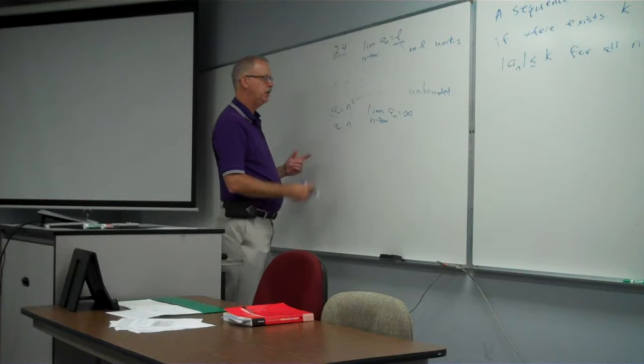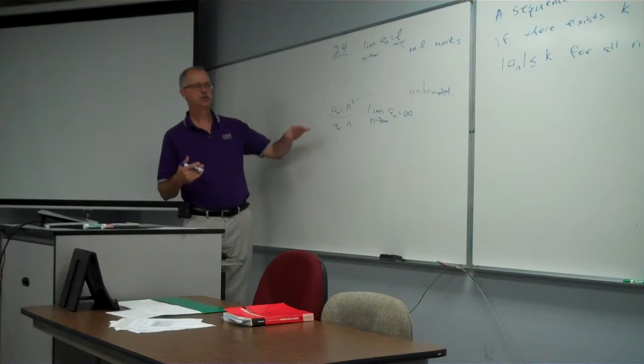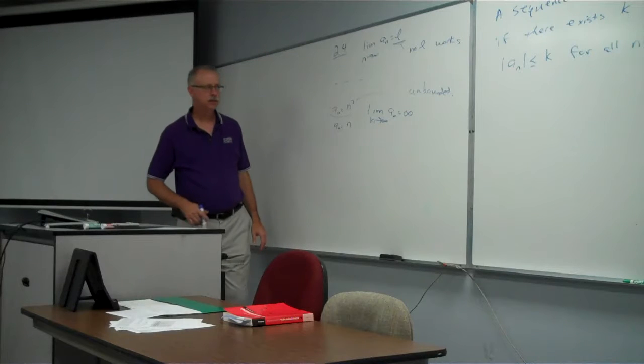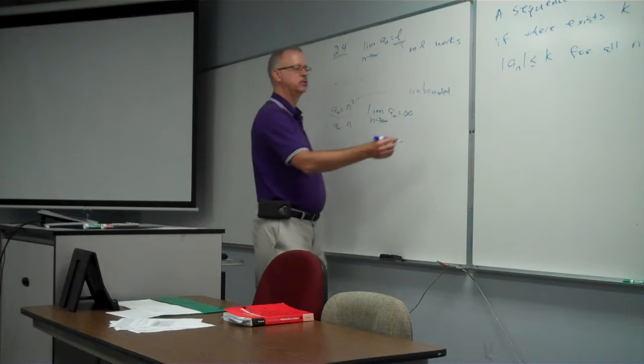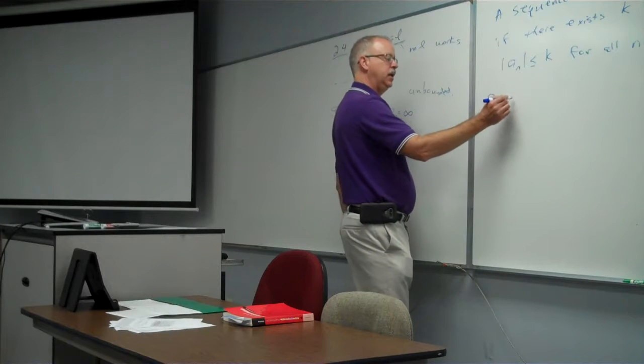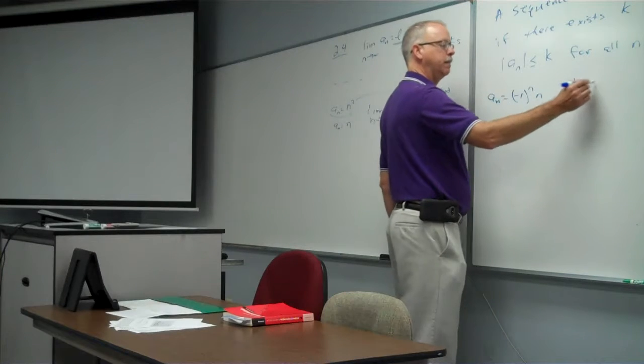But just being unbounded is not really enough to tell us the sequence heads off to infinity. The sequence a sub n equals minus 1 to the n times n is also unbounded.